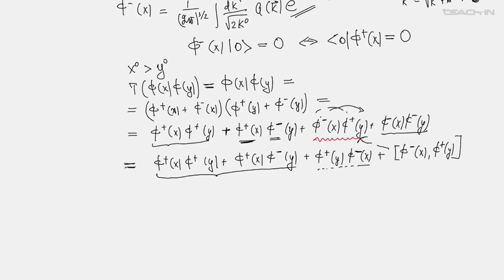I think I also need to add to this phi minus on x, phi minus on y, which is already normal ordered. So these fields are normal ordered, and therefore I can write this expression as follows. I can say that I normal ordered my fields, so they go under the sign of normal ordering.